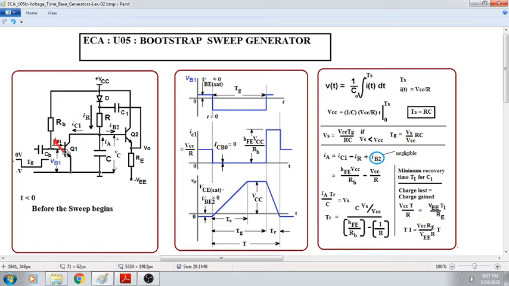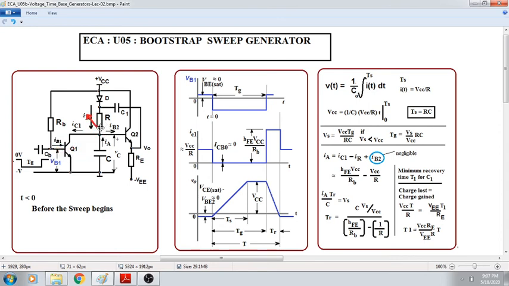Now we must select a base current in such a way that this transistor goes into saturation before the sweep. So for the transistor to be in saturation, what is the condition required here? The condition required is that we want IC1 to flow in Q1 for it to be in saturation, and that is equal to VCC by R. So if the collector current has to be VCC by R, what should be the base current?